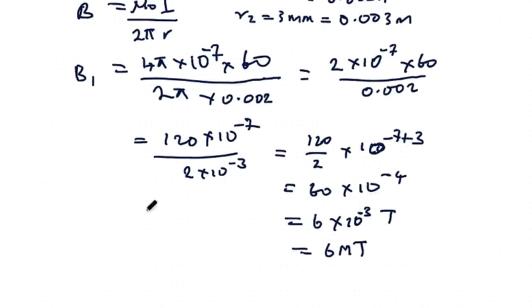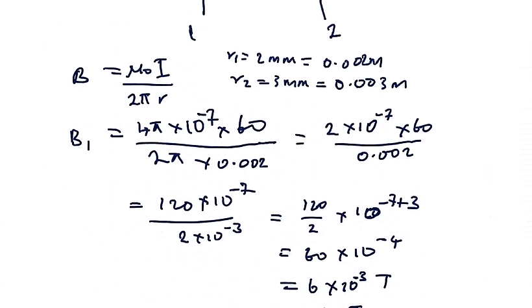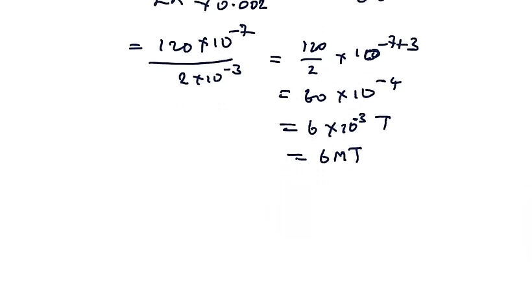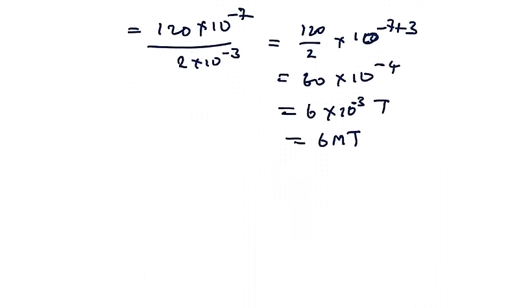So this is B1, and let's calculate B2. B2 will be equal to mu naught I divided by 2 pi r2.